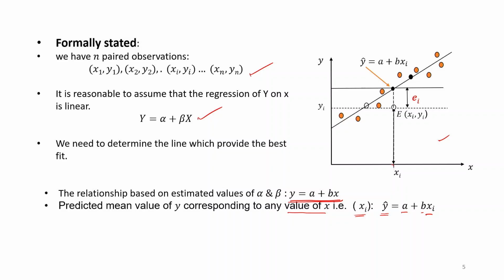So let us say this is my xi. At the value of xi, we find what the value of y is, and that is shown here by this black dot. That is the value of y using this equation, my estimated value of y, which I represent by y hat.